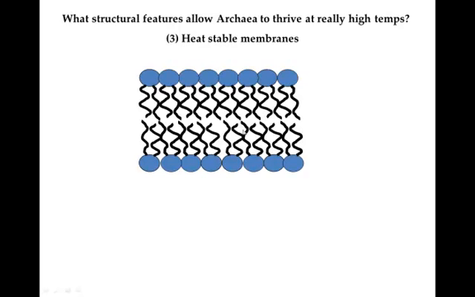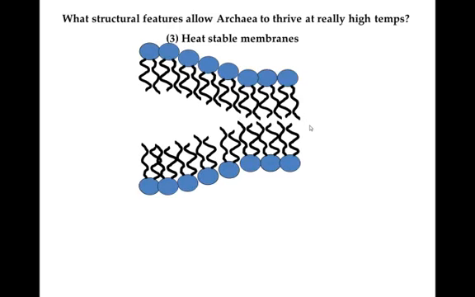If a bacterial or eukaryotic membrane was exposed to really extreme conditions, these molecules would start moving very quickly. The type of bond that holds these tails together is called a hydrophobic interaction. And hydrophobic interactions are relatively weak. So when heat is applied to this type of bond, they break pretty easily.